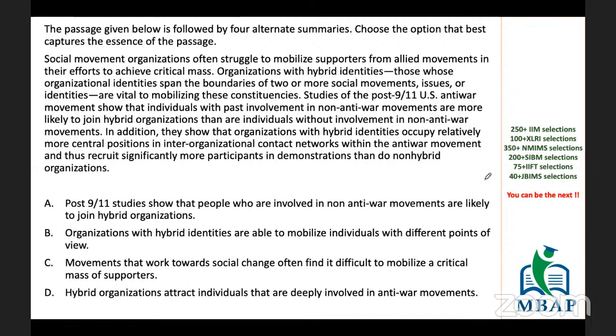Studies of the post 9/11 US anti-war movement show that individuals with past involvement in non-anti-war movements are more likely to join hybrid organizations than are individuals without involvement in non-anti-war movements. In addition, they show that organizations with hybrid identities occupy relatively more central positions in inter-organizational contact networks within the anti-war movement, and thus recruit significantly more participants in demonstrations than do non-hybrid organizations.